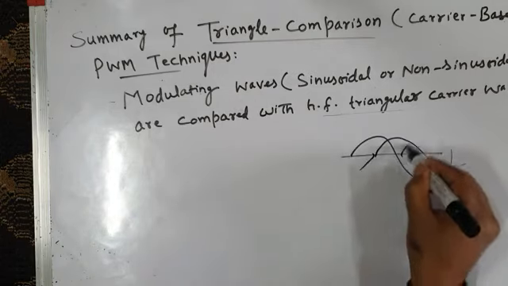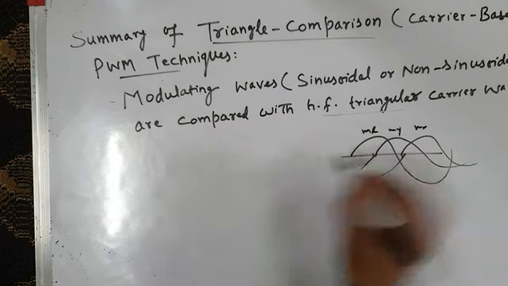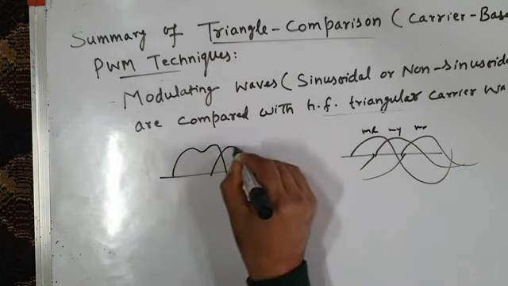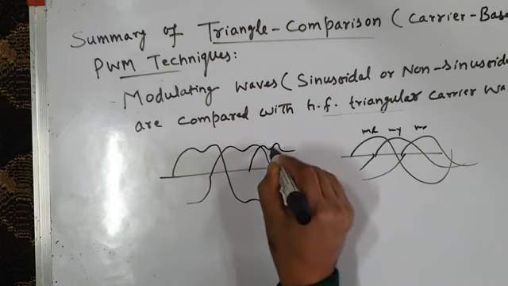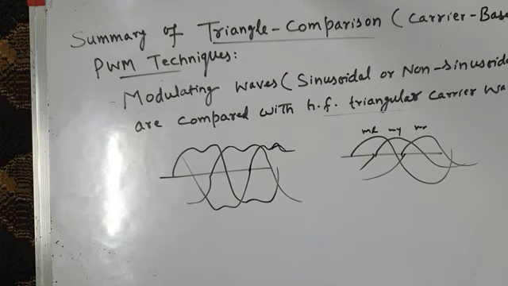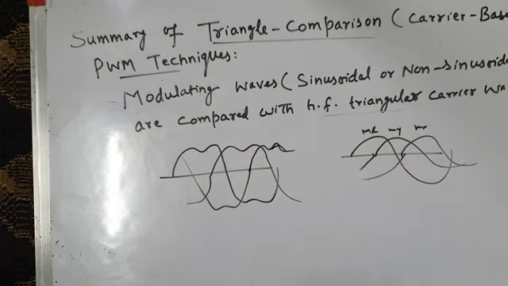Our modulating waves may be sinusoidal like this, as we have already discussed. These may be our modulating waves, MR, MY, MB, or they may be non-sinusoidal like this, like in third harmonic injection PWM technique, we had modulating waves something like this, non-sinusoidal. If common mode injection is not done, then our modulating waves will be purely sinusoidal waves.